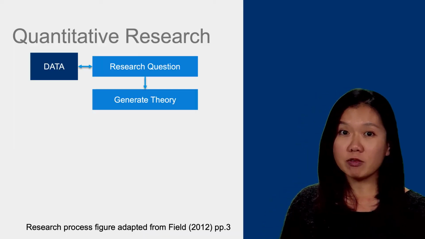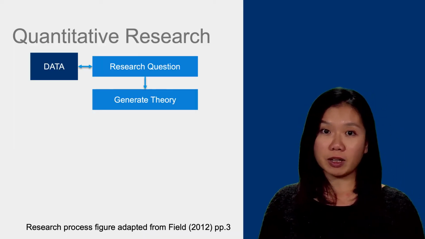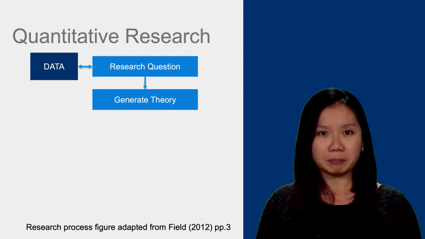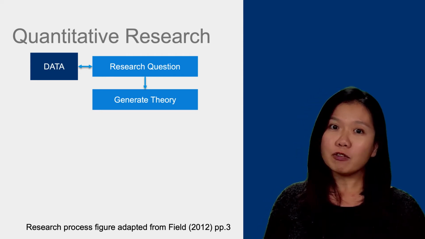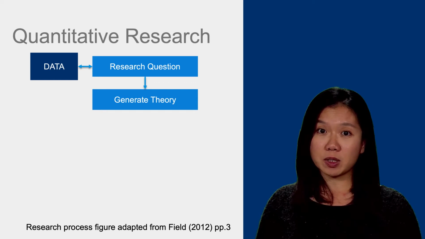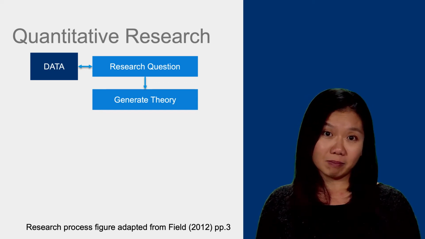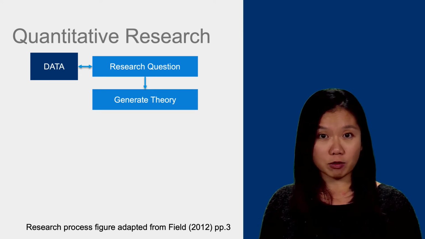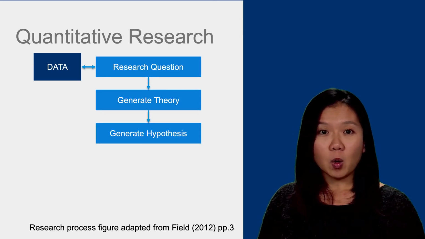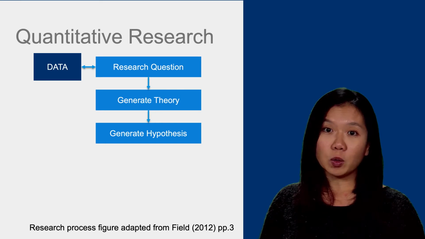After formulating a research question, we generate a theory to help us explain the observed data. One explanation for why a simulation game might benefit students is that simulation games increase students' engagement and students' interest in the course would increase as well. We can make a prediction from the theory, known as a hypothesis.